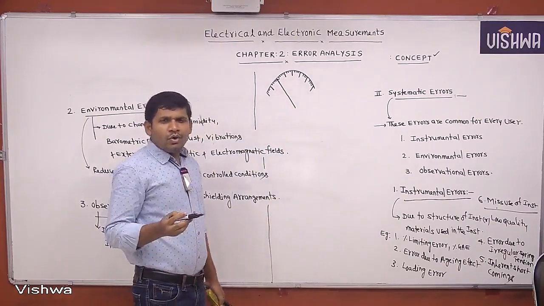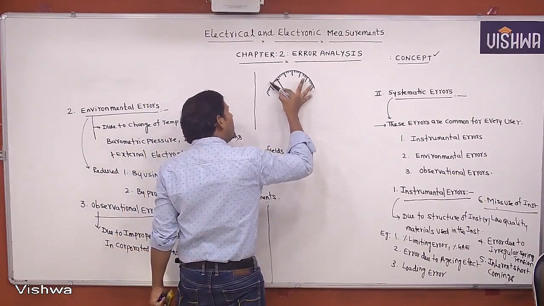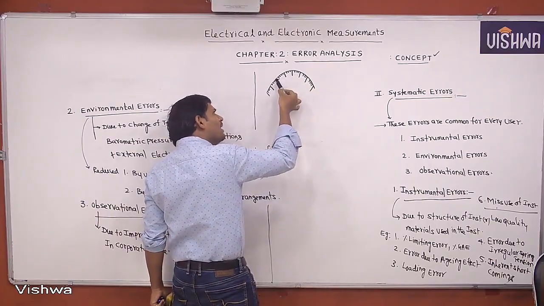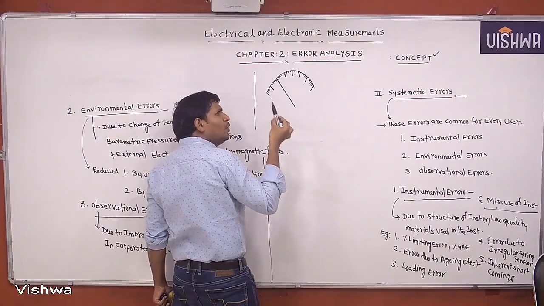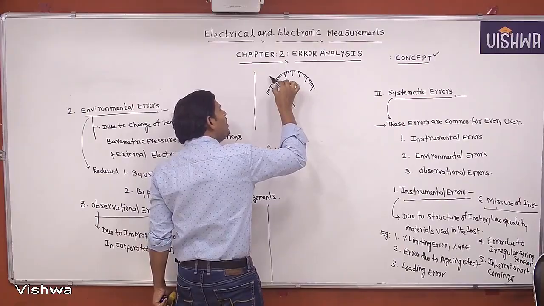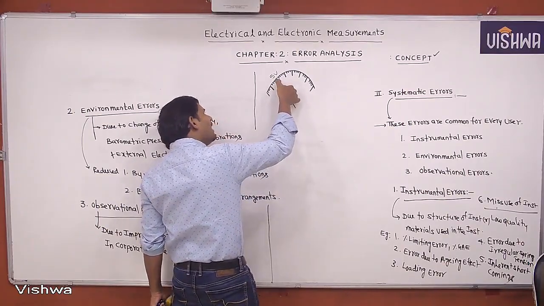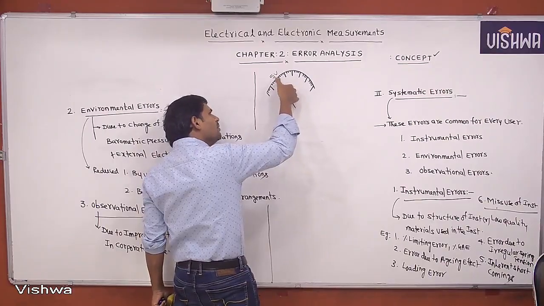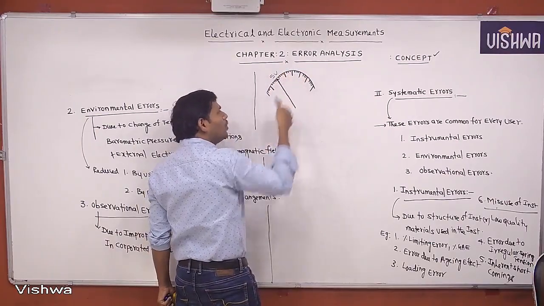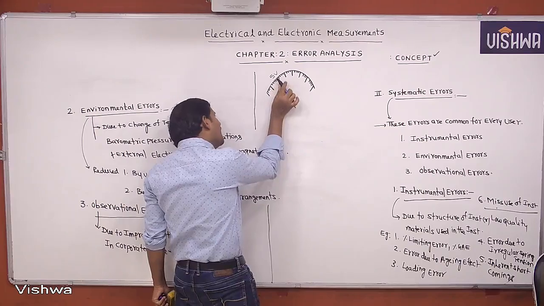But during design, for the free movement of the pointer on the scale, the pointer is not attached to the scale. For example, I am measuring 5 volts. If this pointer is exactly attached to the scale, then we can exactly measure 5 volts. Yes or no? But it is not completely attached to the scale.